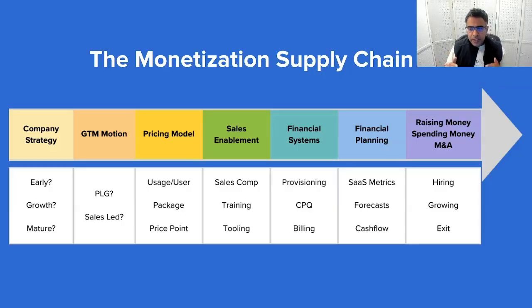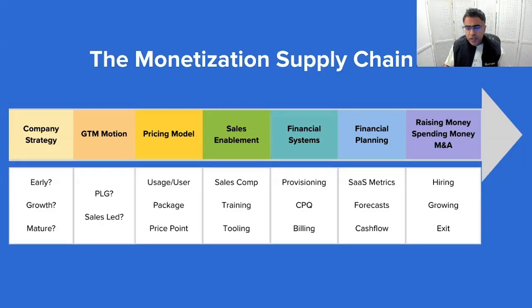All right, so in this slide, we are seeing what the monetization supply chain truly is. It starts with your company strategy. So you may be a company in an early stage of its growth. Maybe you're hitting a growth stride, you're trying to grow a lot and at high velocity. Or maybe you're a mature company, closer to IPO or post IPO. Whatever the company stage will inform the company strategy.